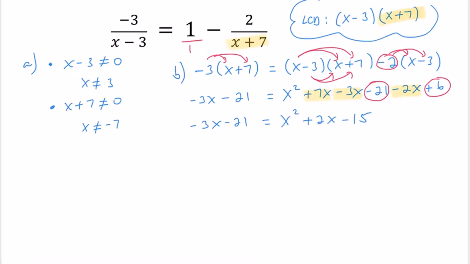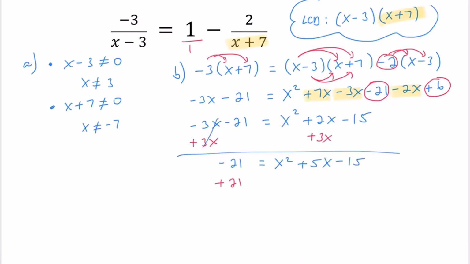We have x squared here. So get everything to one side, 0 on the other side. Add 3x over. Negative 21 is equal to x squared plus 5x minus 15.